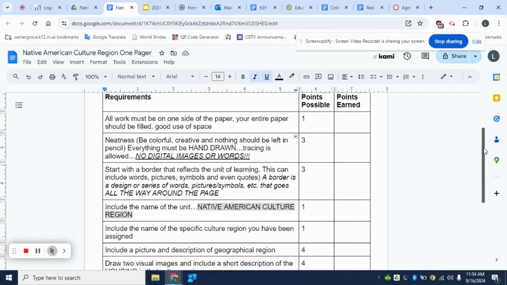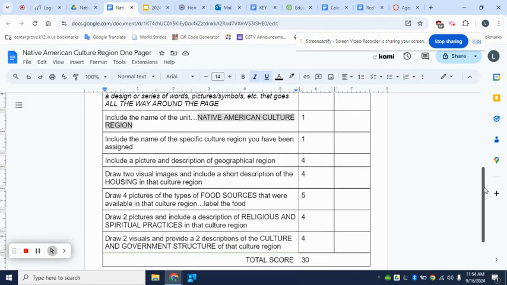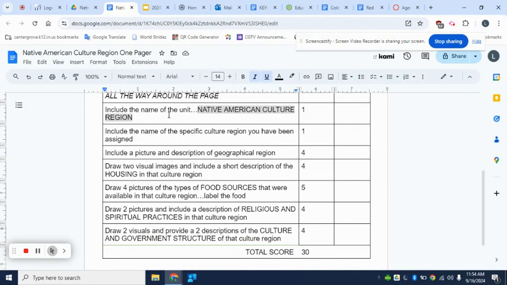The next thing that you want to do on your one-pager is include the name of the unit, which would be Native American Culture Region. Okay, so every single one-pager will have the name of the unit on it. Just by having that on your paper, you will earn 1 point.